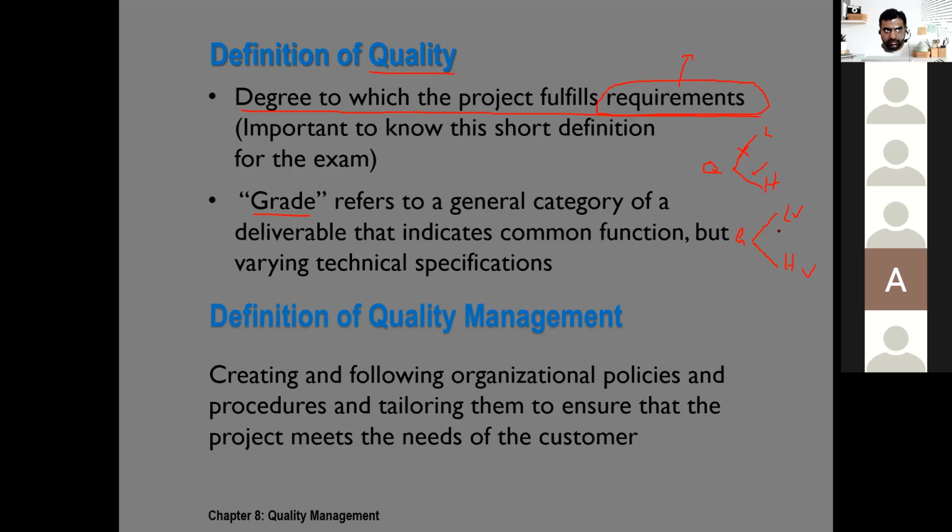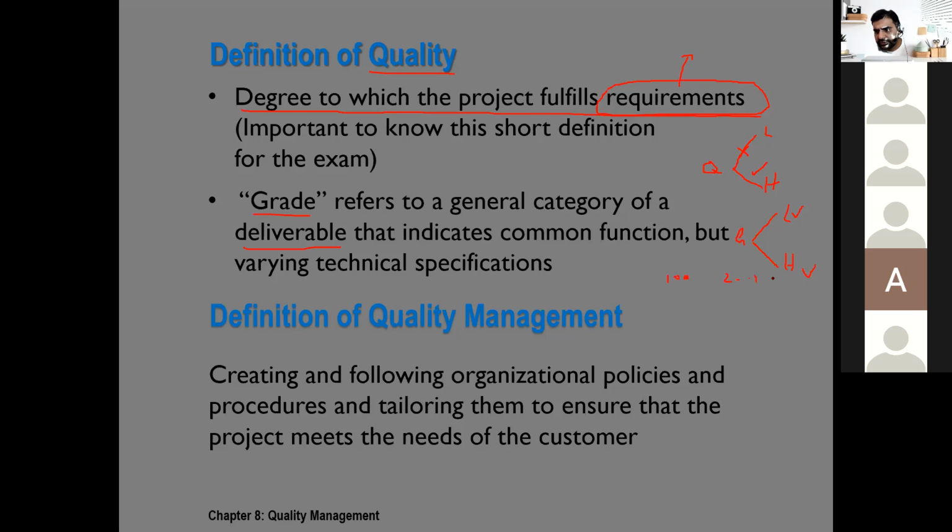Our project deliverable should be of high quality. Based on the client requirements, based on the budget, the product that we are producing could be of low grade. We can build a 3-bedroom house that is 100 square meters with the help of 200K.